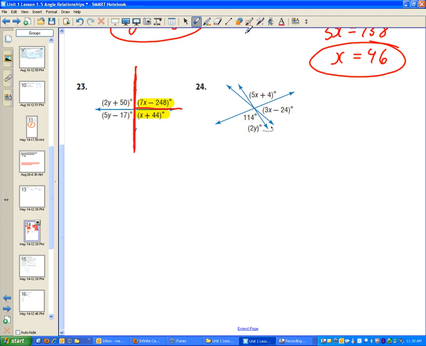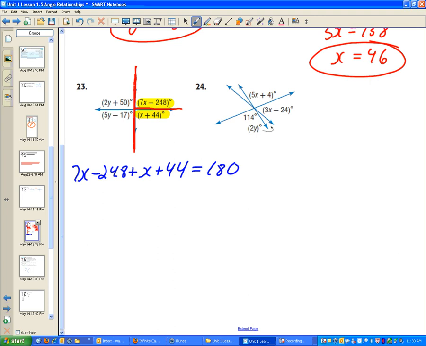Since those two angles form a linear pair, then they are supplementary, which means when you add their measures, it equals 180. So 7x minus 248 plus x plus 44 equals 180.